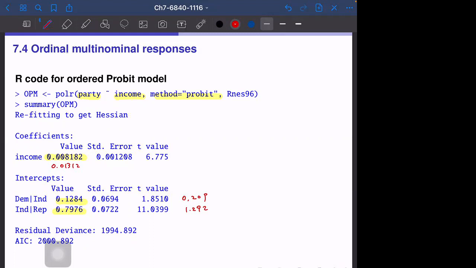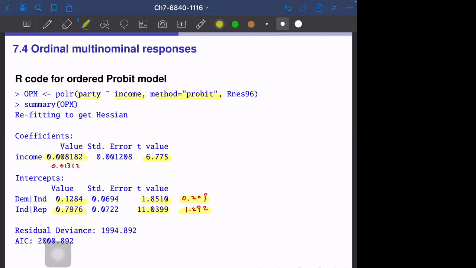At least the signs are the same, and the second coefficient is larger than the first coefficient, but the numbers are different. This is because the model uses a different function, so it doesn't really imply anything. The t values have more meaning, since they show how significant the variable is, and these are actually similar.